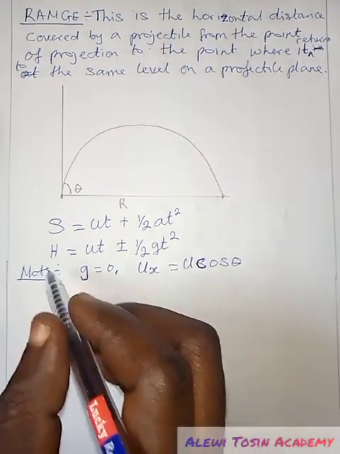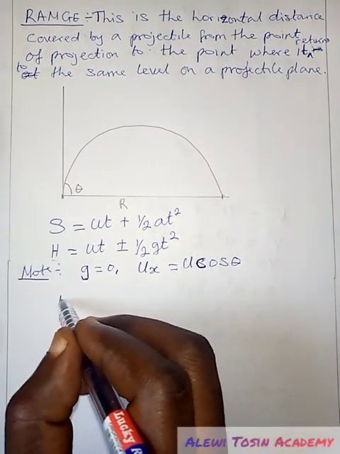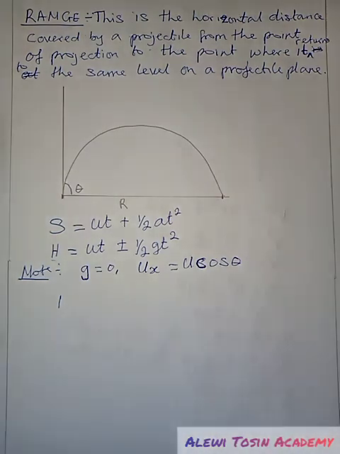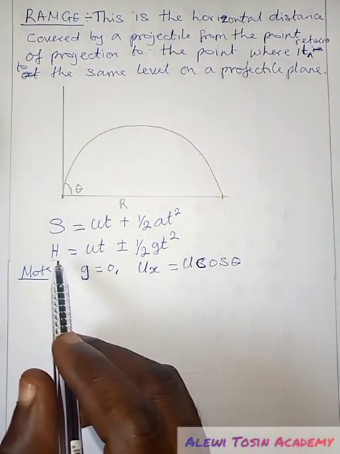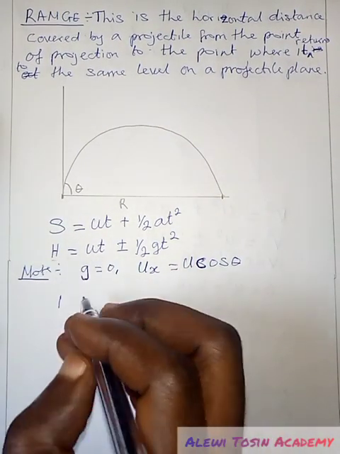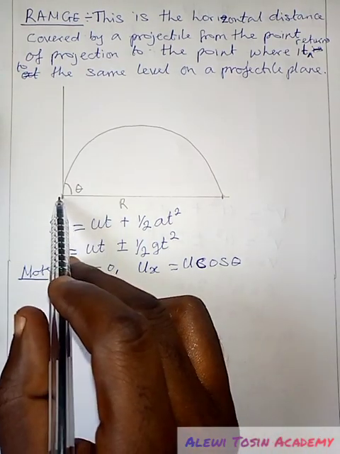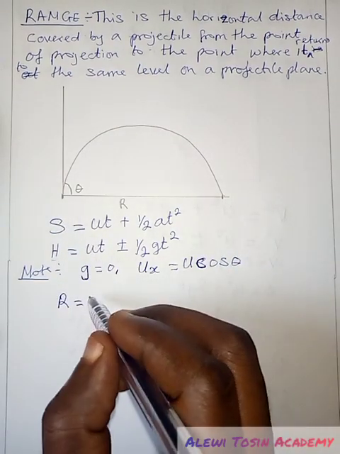From this equation, instead of having h here, we'll have r, which is the horizontal distance, and we have ut.